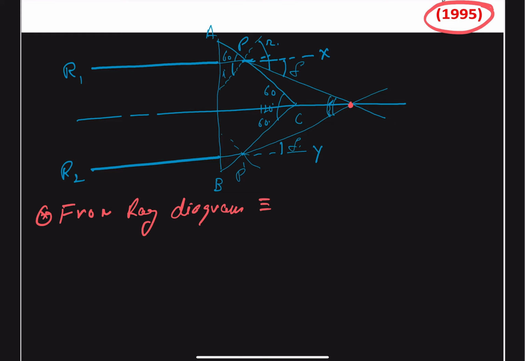So we have our angle CPX. This angle CPX is vertically opposite to the 60 degree, so this will be 60 degree, and this will also be equal to our angle R1PA, and similarly it will be on the opposite side also.